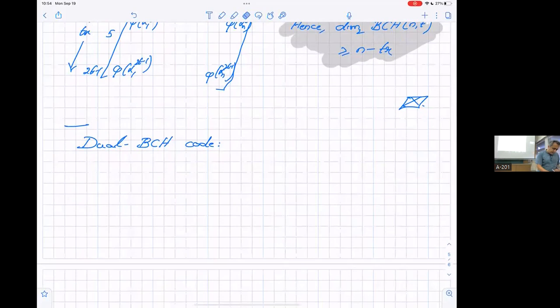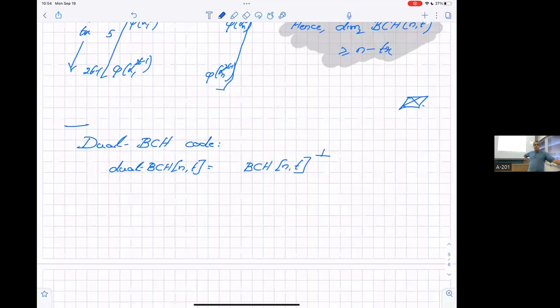So dual BCH, as the name suggests, is just this object. Dual BCH parameterized by n, t is exactly the dual of BCH n, t. Here we are looking at BCH as a subspace of F2, so BCH is only over F2.